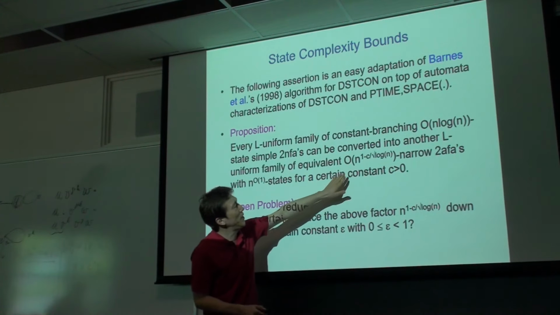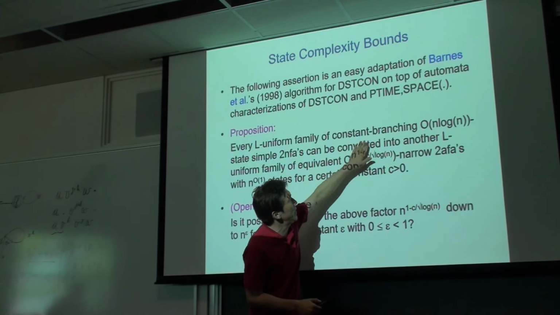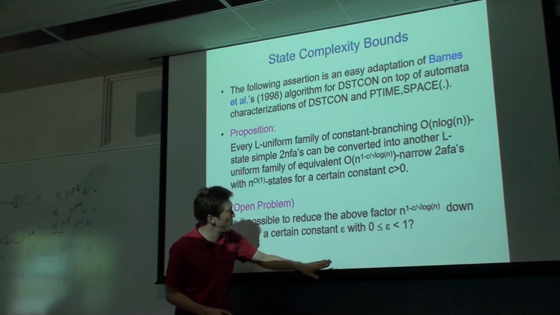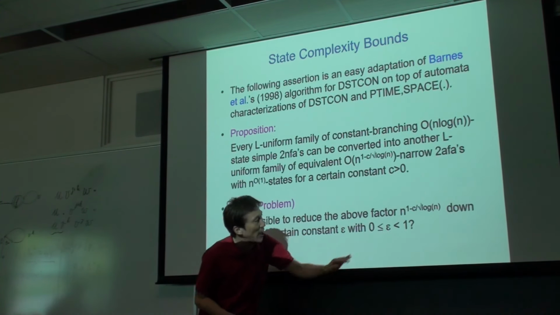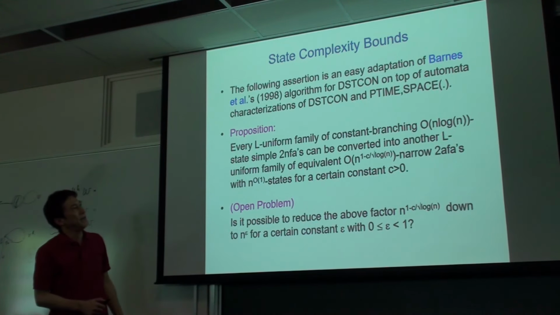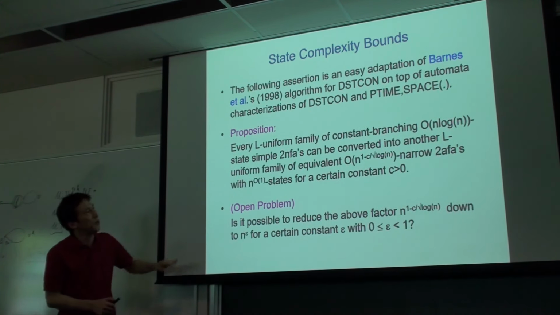But my question is whether this can be reduced to n to the epsilon, where epsilon is a constant between 0 and 1, not including 1. So this is actually an open question.